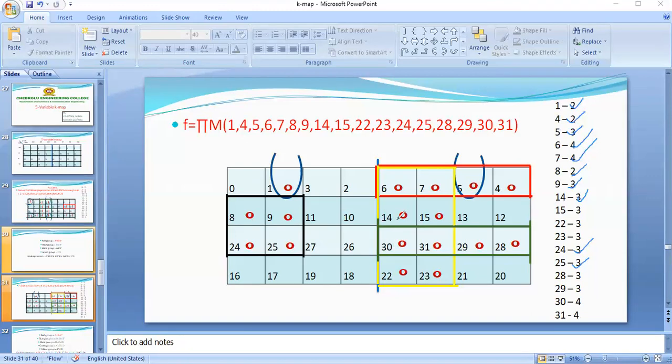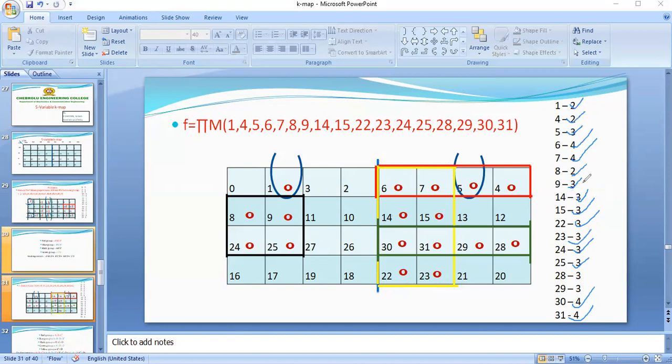With this 14, we can group these 8 cells. What are those? 6 and 7, 14, 15, and next 30, 31, and 22, and 23.